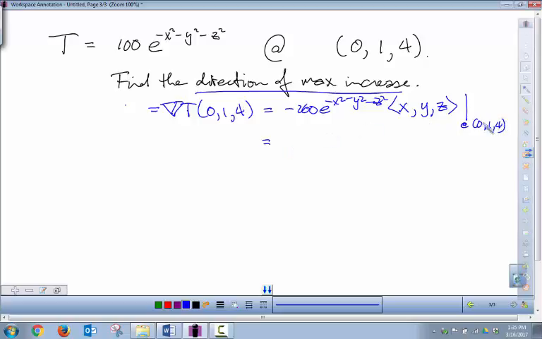And so we get 0 for x, 1, and 4, so the exponent would be minus 1, minus 16, minus 17. So negative 200 e to the minus 17 times the vector 0, 1, 4.